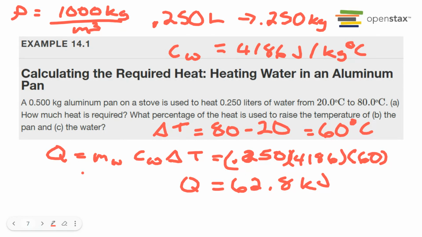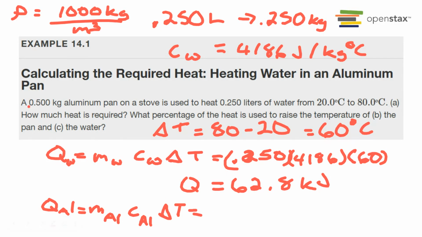Now if we do the same thing for the aluminum pan, you would say Q_AL is equal to the mass of the aluminum pan times the specific heat of the aluminum times delta T. So we know that the mass of the aluminum pan is 0.5 kilograms, that's given to us, times the specific heat of aluminum, C_AL, which is actually 900 joules per kilogram per degree Celsius.